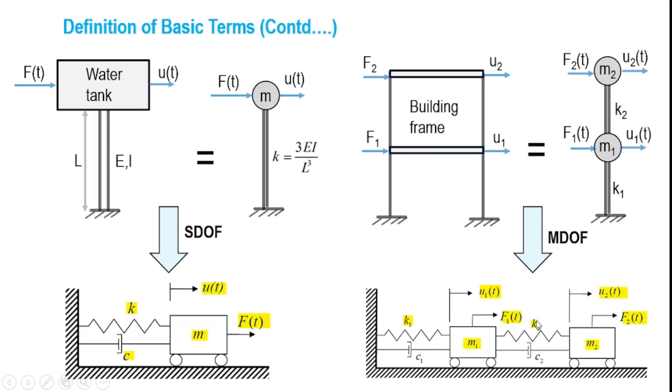And here is represented the corresponding MDOF system, wherein we have the two masses M1 and M2 subjected to forces F1T and F2T, the total response being described through the two coordinates U1T and U2T. And here, as you can see, the damping is neglected. So I'm very sure that these two simple examples will demonstrate how any actual physical system can be converted either to an SDOF or an MDOF system.